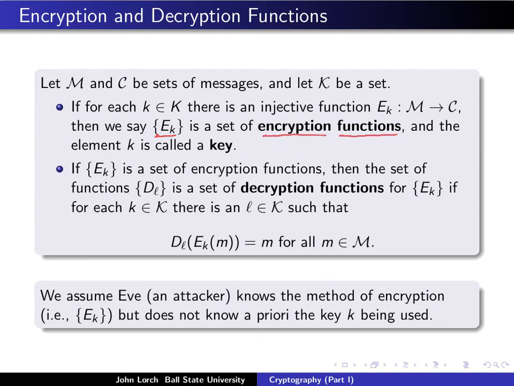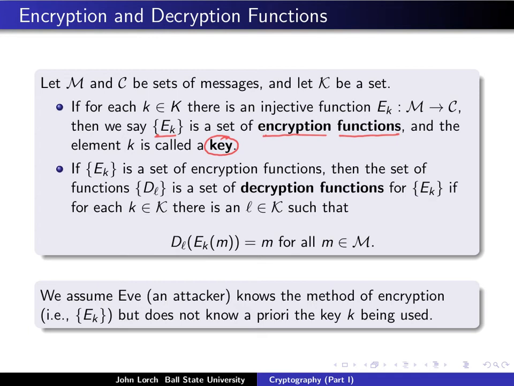So these are things that are going to take ordinary messages in natural language and produce ciphertext, that is, secret messages in the set C. So this element k in capital K is called a key.